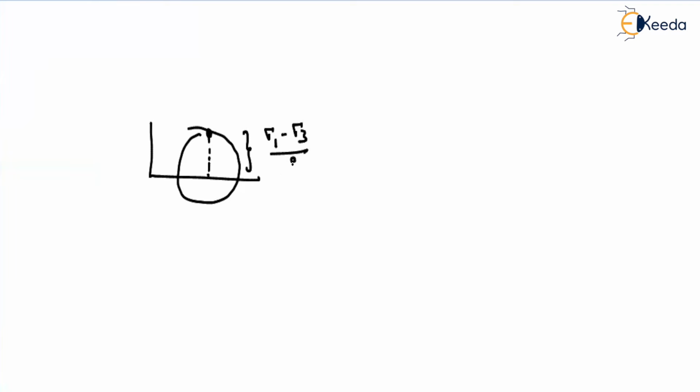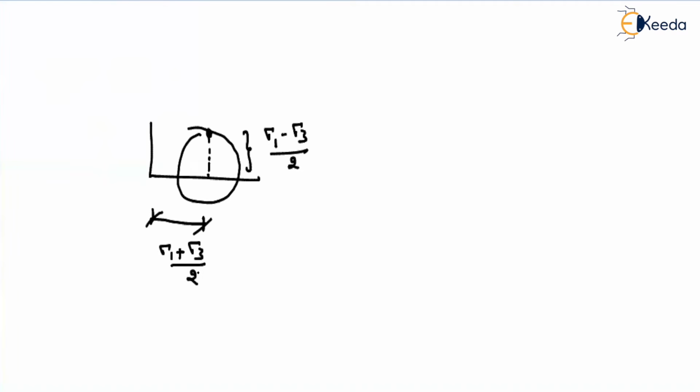Suppose we take a single circle, where you will obtain the maximum shear stress. What is the maximum shear stress value? It is sigma 1 minus sigma 3 by 2. And what will be the normal stress on the maximum shear stress plane? That is sigma 1 plus sigma 3 by 2.